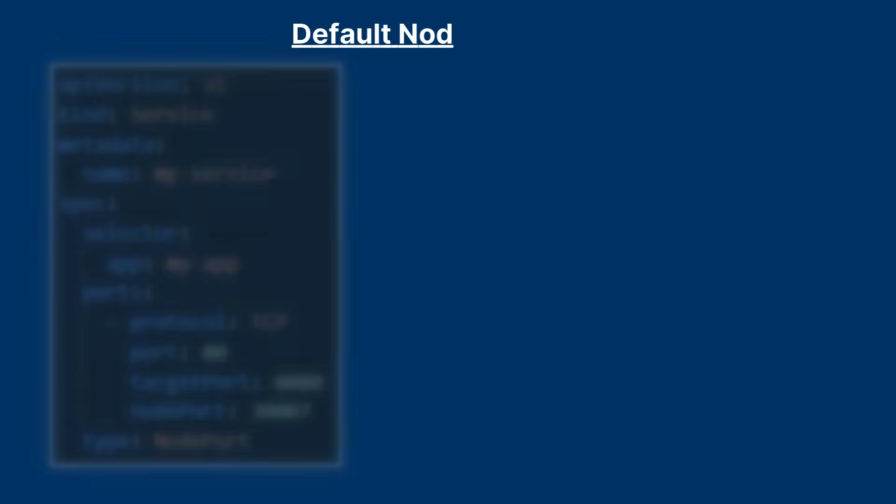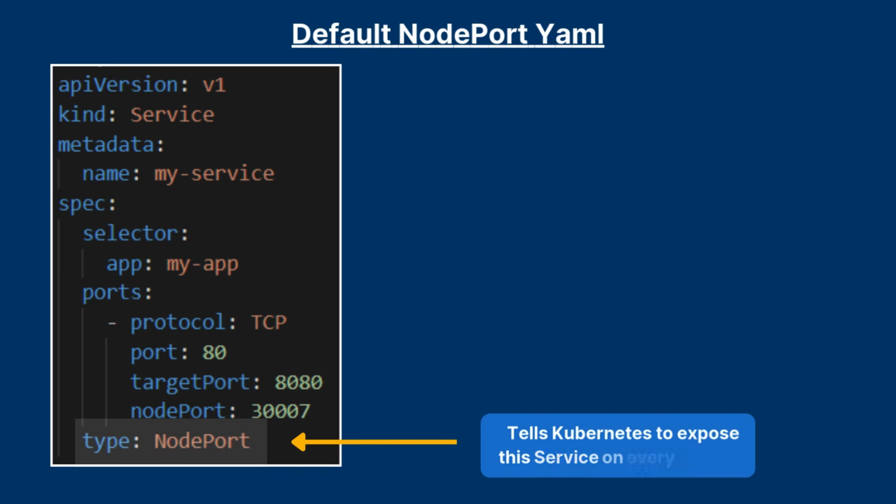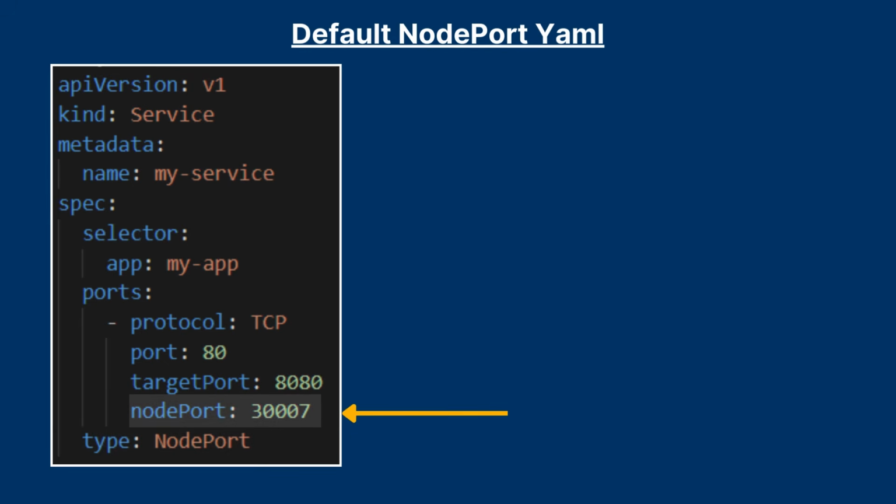Now let's check out the default YAML for NodePort. So if you see now, instead of type ClusterIP, we have written type NodePort. This tells Kubernetes to expose this service on every node. And then we have added this line nodePort colon 30007.